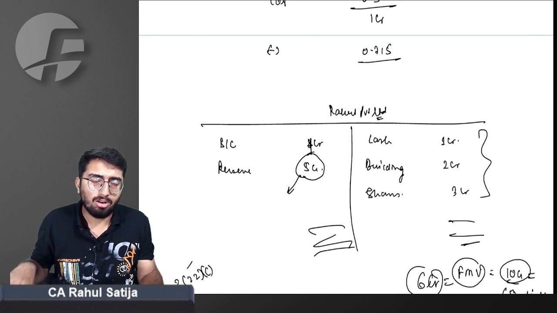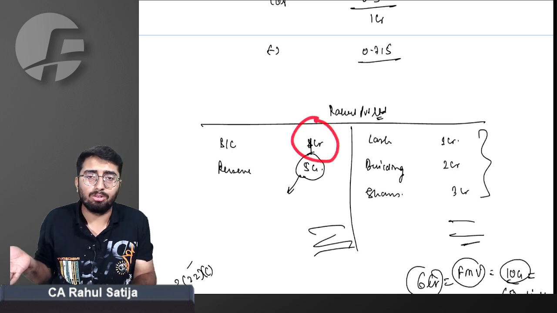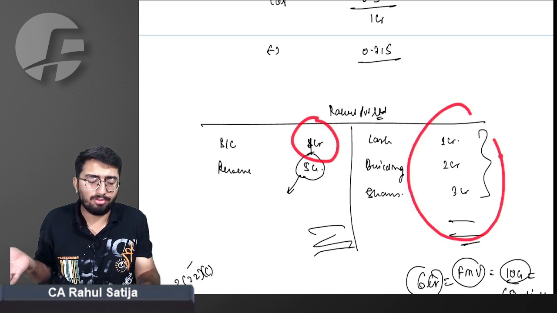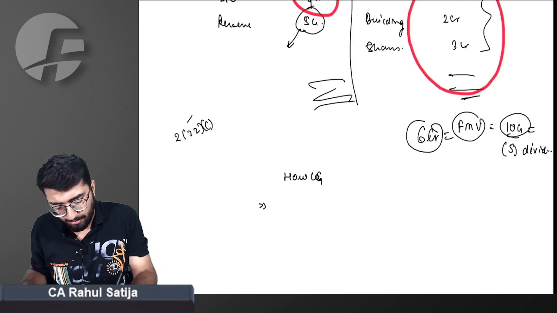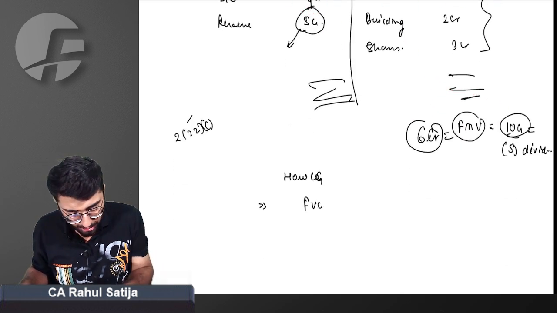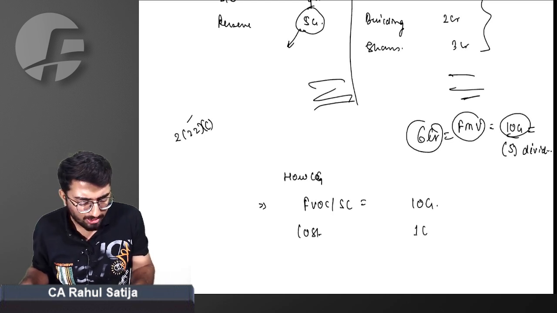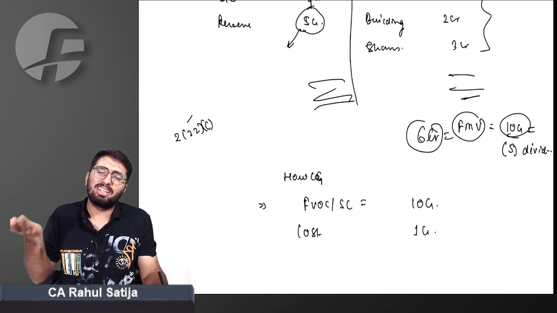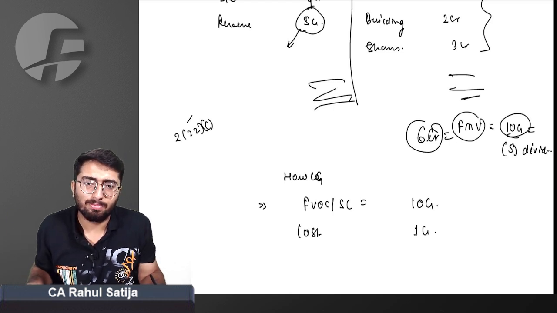Yes, sir. That means the full value of consideration or sales consideration will be 10 CR. Cost of acquisition will be 1 CR. Can I say cost of acquisition will be 1 CR? Yes, sir.